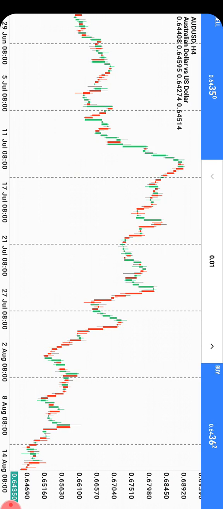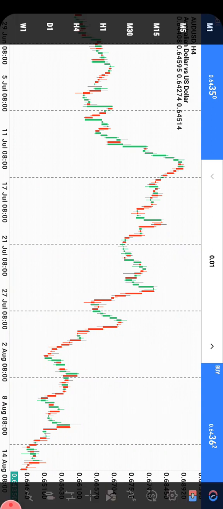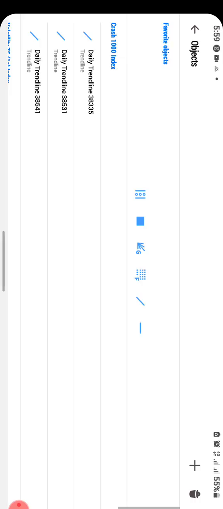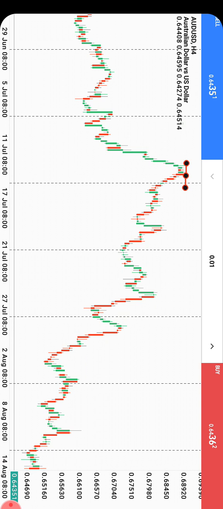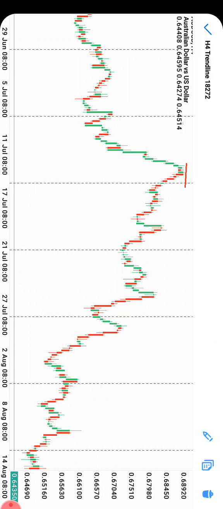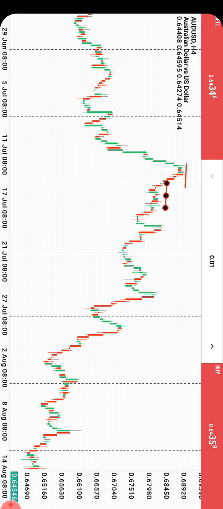If you see here, this is a higher high, because the market went high and got to that particular height. I'm going to duplicate this. From this high the market came down, as low as here.